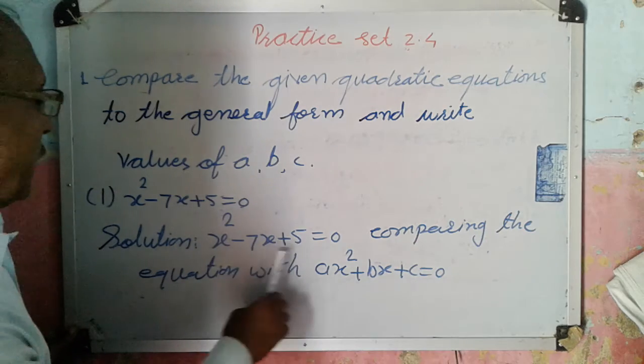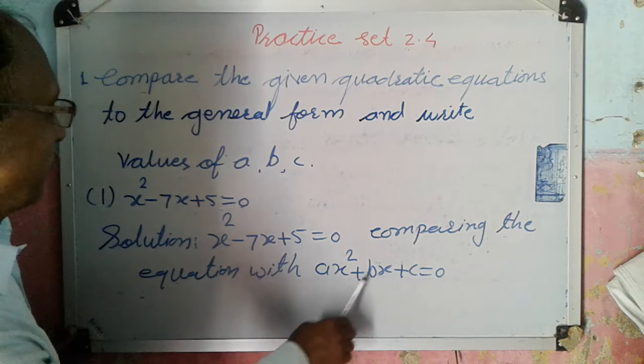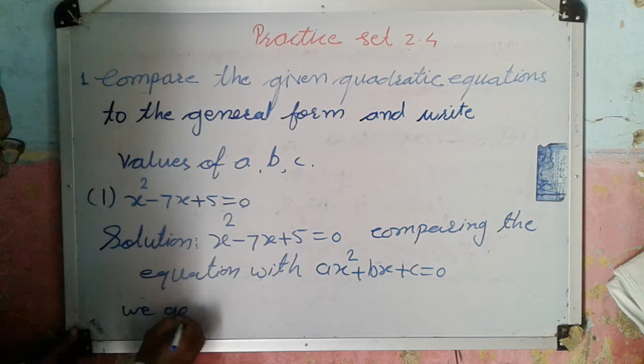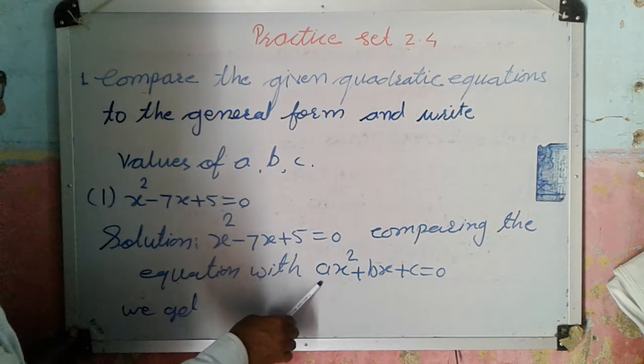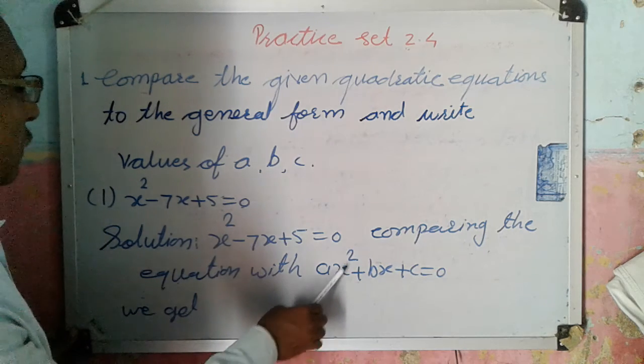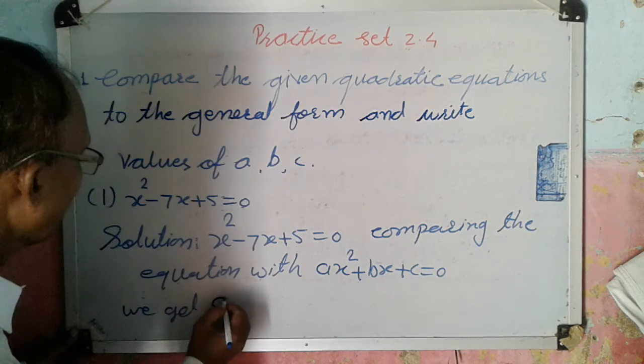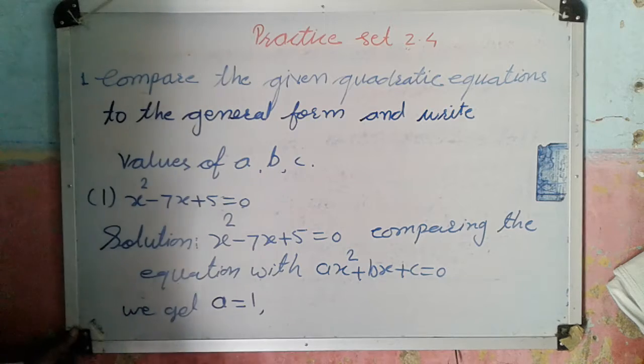So if you compare the given equation with this general form, then we get here a is equal to, that means coefficient of x square. So here coefficient of x square is 1. So here a is equal to 1.